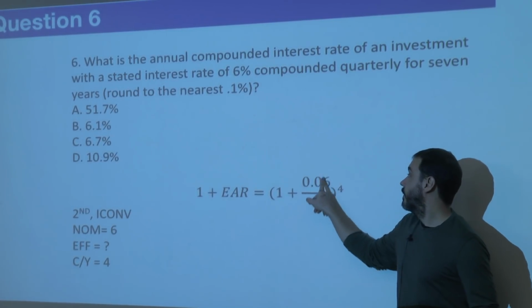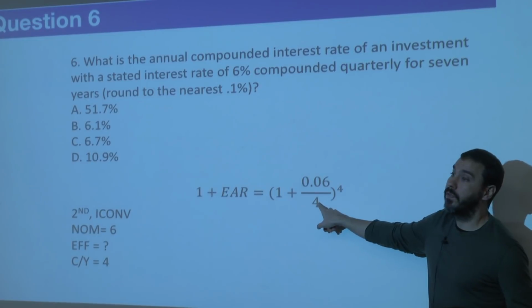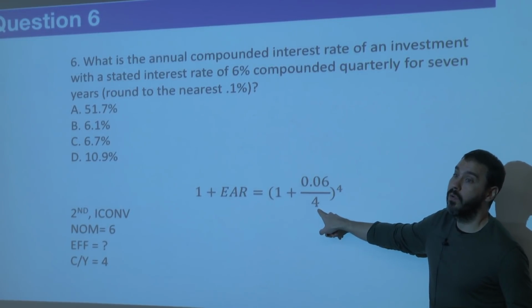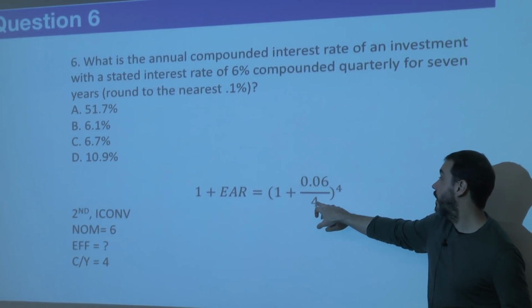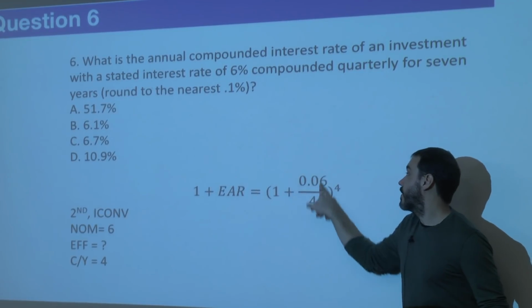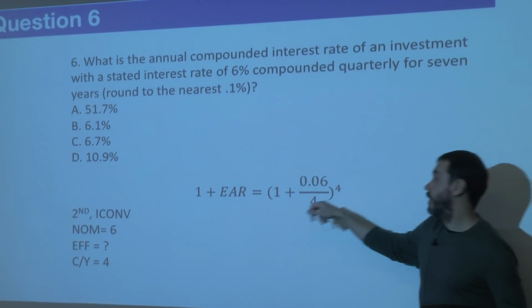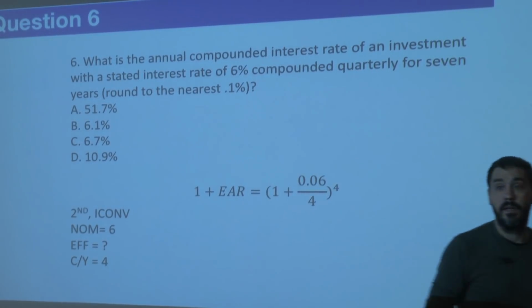Yearly rate, stated rate divided by 4 because I'm compounding quarterly, so I have 4 periods per year. 1 plus that, I raise it to the 4th power. That is 1 plus my EAR.